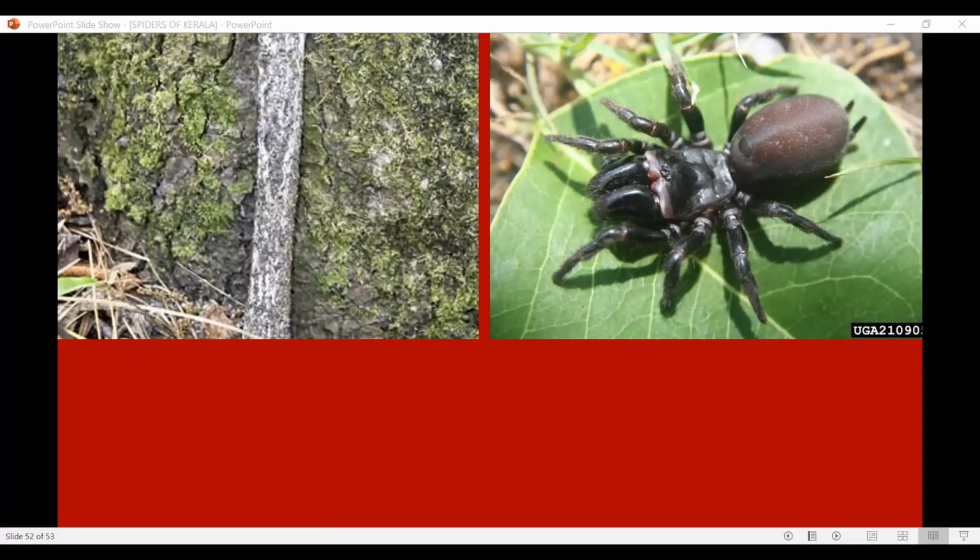If there is some bleeding, they apply the web of this Atypus on the site of injury so that the blood will clot faster, because this silk is rich in vitamin K, which increases the speed of clotting. So this is another possible use of spiders for human beings in the future. If we properly discover all these things, we can make use of spiders in a better way.